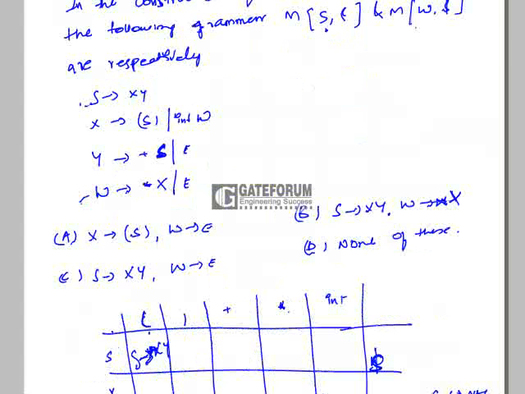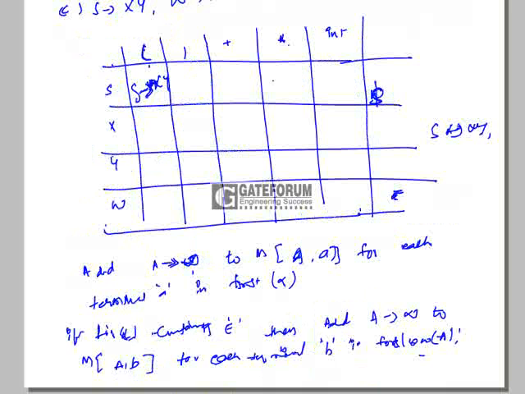For example, if we see this production of W, first of this is star, so in the entry here the production will be W gives star X. But we want this entry.